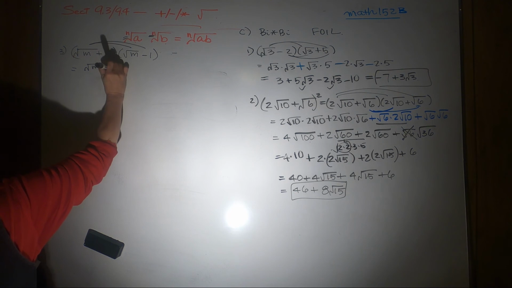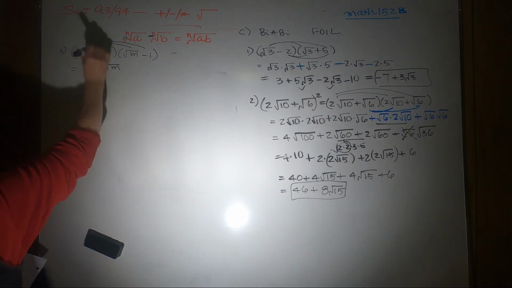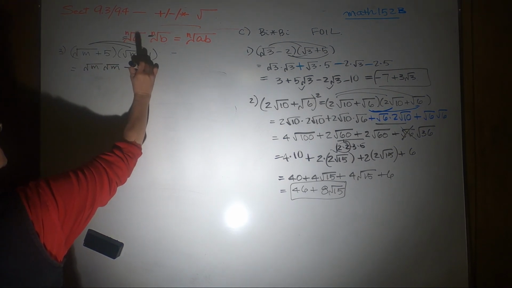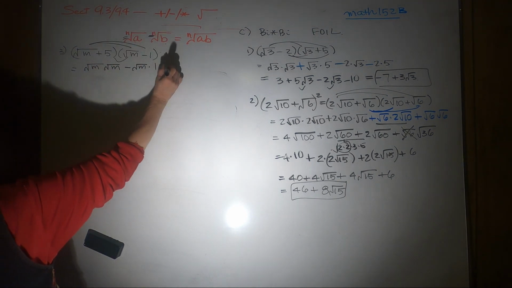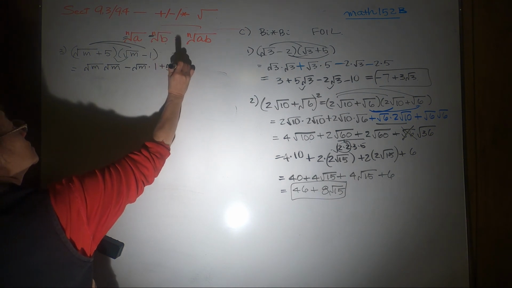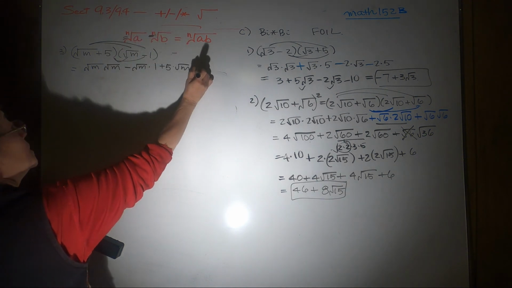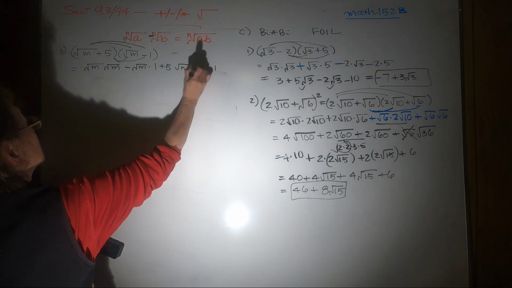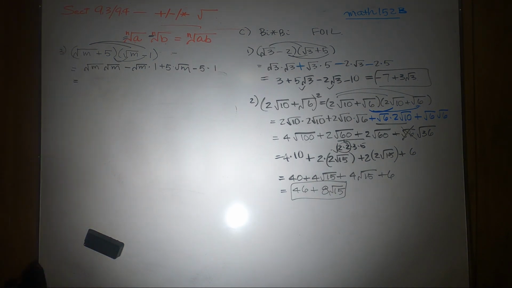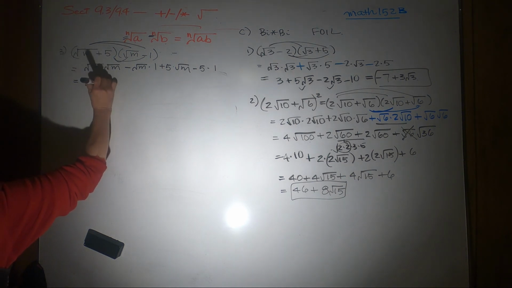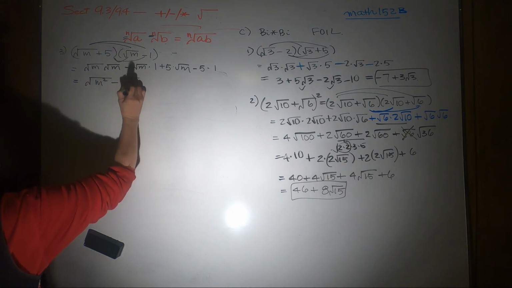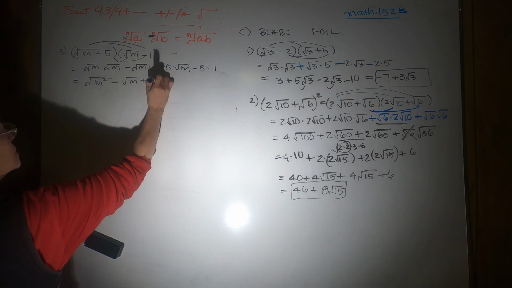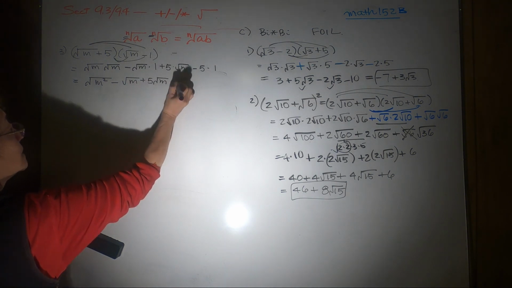Square root of m times square root of m first, then square root of m times negative 1, then 5 times square root of m. The last one will be 5 times negative 1. Then square root of m times square root of m actually is m.